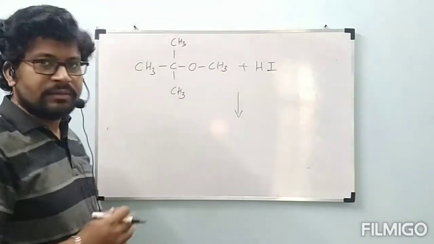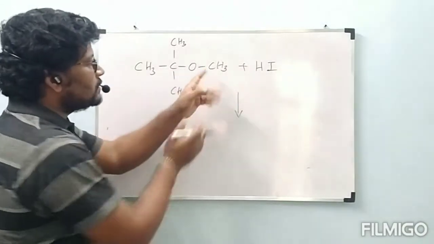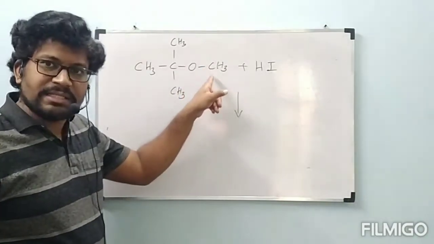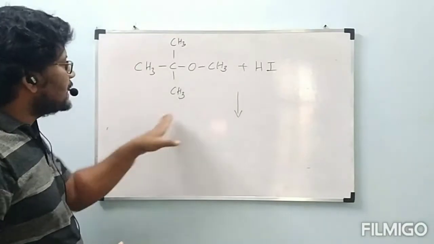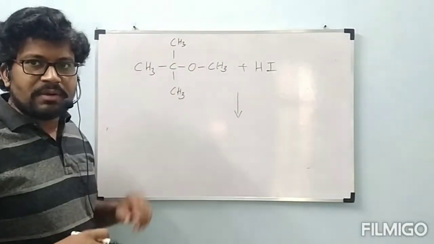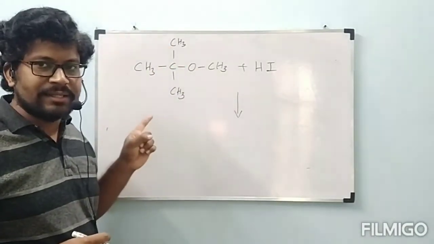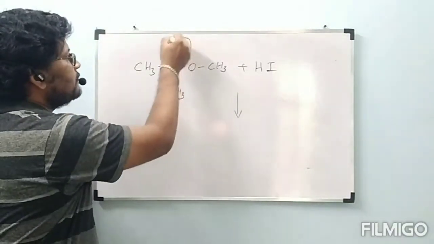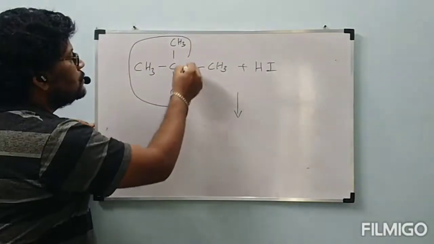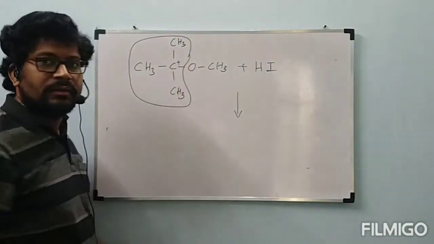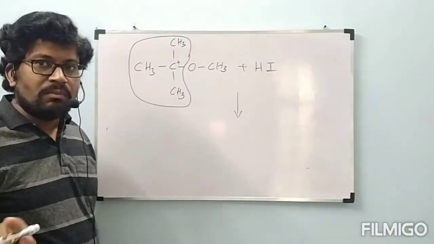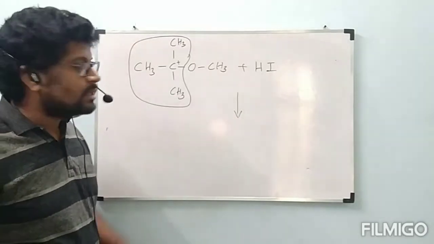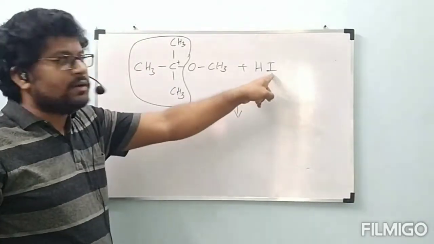But coming to here, this side we have CH3, which has fewer carbons. This is a tertiary alkyl group with more carbons, but it is not a straight chain. So in this condition, the one forming the more stable carbocation is going to be bonded with iodine.